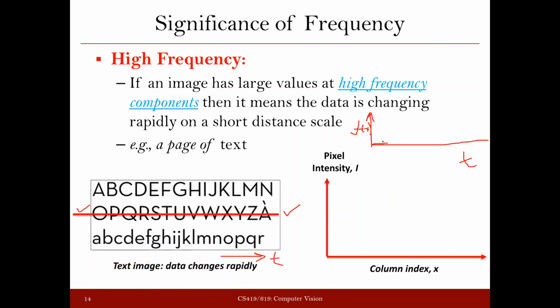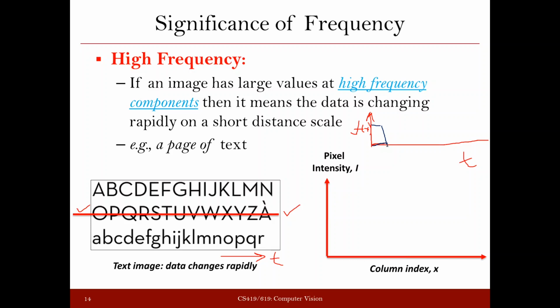Let's say at the beginning it is here like this, then you see the edge of O. Let us say for white we consider the value 1, and for black we consider 0. At the beginning the values are white, so you represent them here like this. But as soon as you encounter this edge of O, the value becomes 0, so you come down.